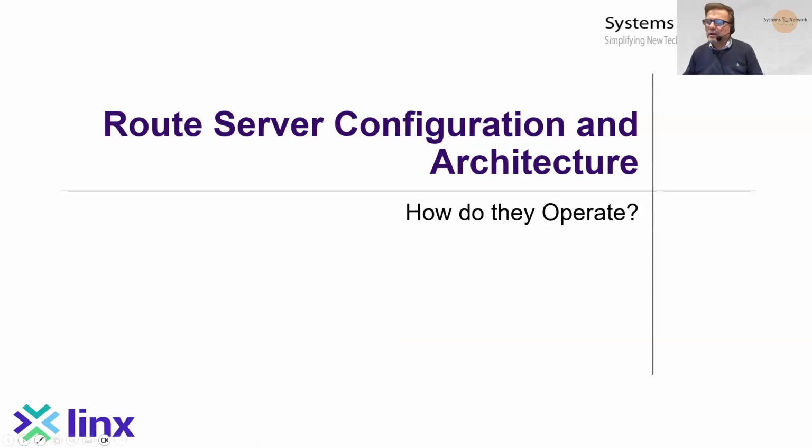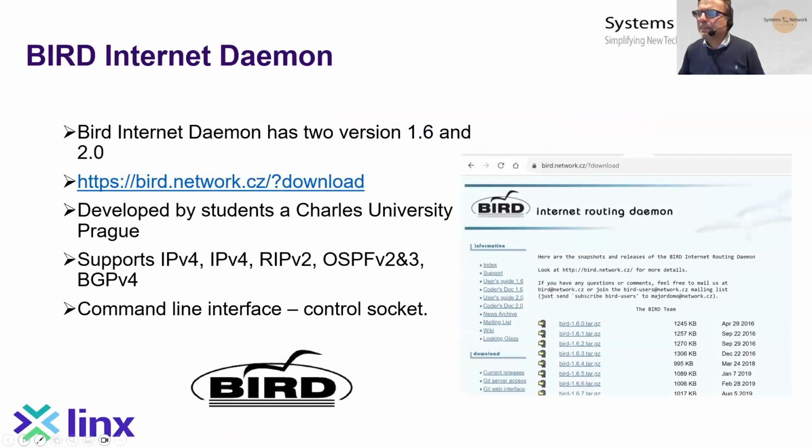So first of all, we're going to look at the Bird Internet Daemon as an example, a closer inspection of this particular variety of route server. Bird is, as I mentioned before, distributed under the GNU General Public License.